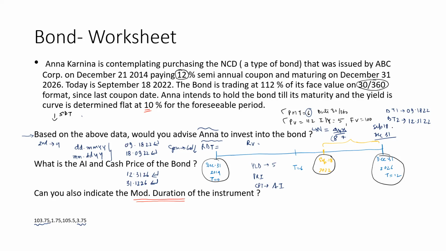And press the down key, you come to DBD. Once you press the DBD, press the CPT button. How much value are you getting? 103. 104. 103.